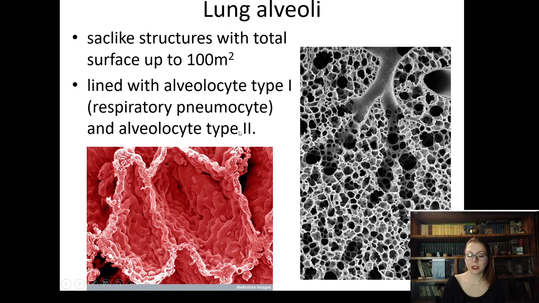Type 2 produces a special liquid, which is called surfactant, and surfactant is needed to prevent alveoli from collapsing. As I told you, in the trachea and bronchial tree, we have a cartilage skeleton, cartilage backbone. It prevents collapsing. In small bronchi, as well as in bronchioles, there are smooth muscle elements, and they regulate the diameter of those airways.